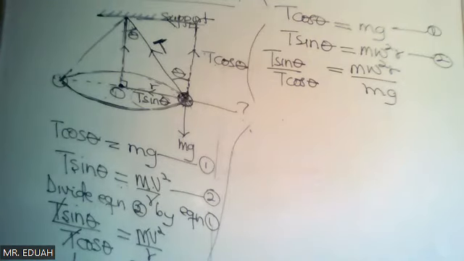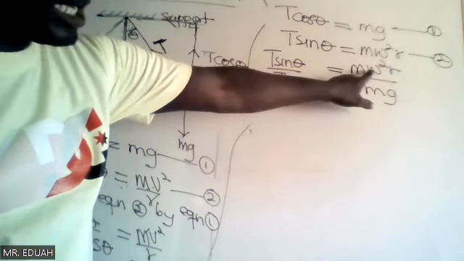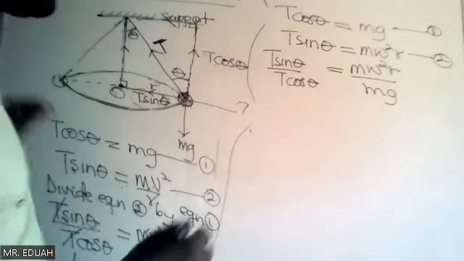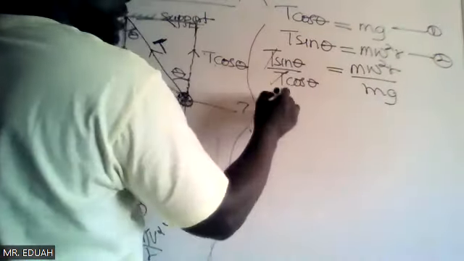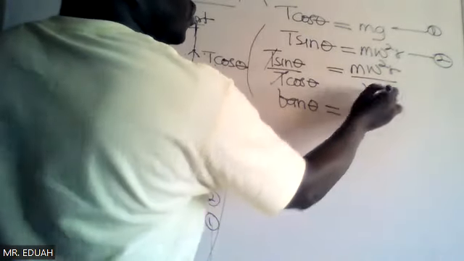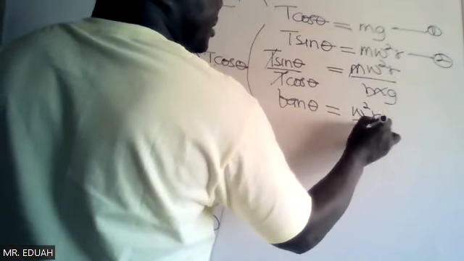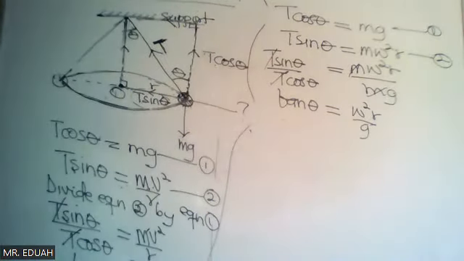So over here, we are bringing in the constant angular velocity omega, so that we have tan theta equal to omega squared r over g. Let's make omega the subject.